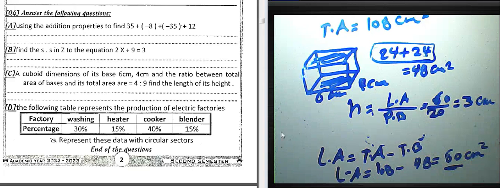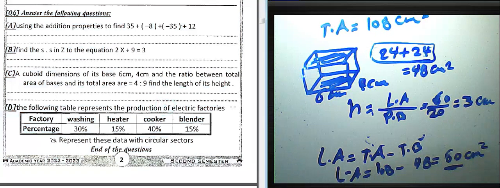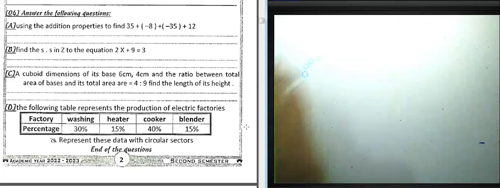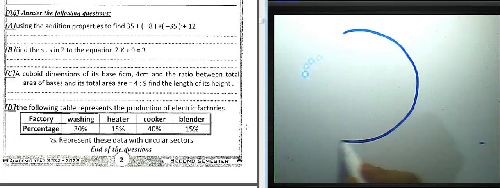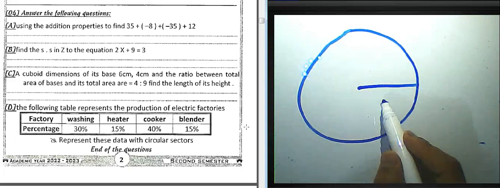Okay, understood? Next question here. The following table represents the products of an electric factory: washing machine, heater, cooker, blender. You can use the protractor to draw the circular sector, drawing a circle and then the radius.